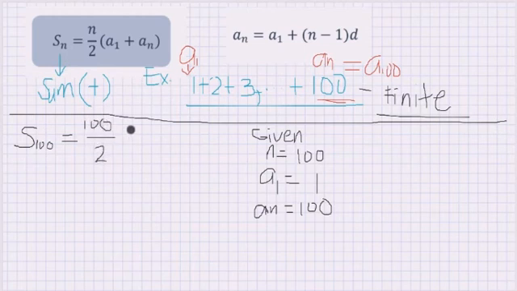So let's go to the formula. We know that our n is 100. We divide it by 2 times the quantity of the first term and the nth term. We already have the first term using the given.